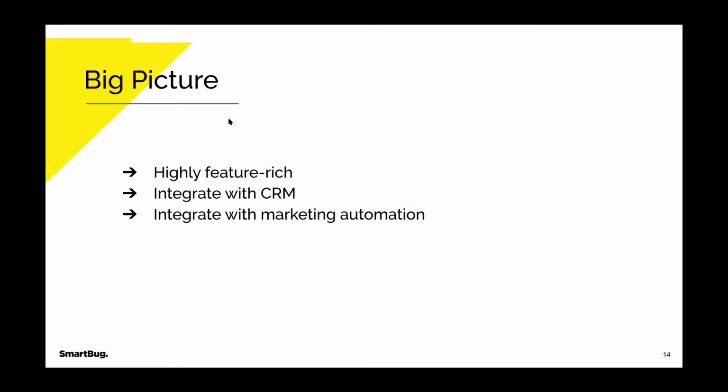So really, when we look at the big picture of these sales engagement solutions, we're looking at tools that are feature rich, a lot of different tools within the tool that you can introduce to your team and adopt. We've only highlighted a few of them, but there are so many cool futuristic things that you can do today.